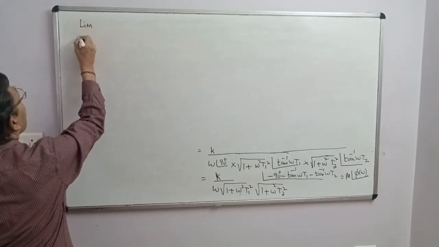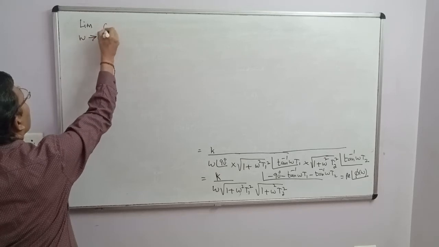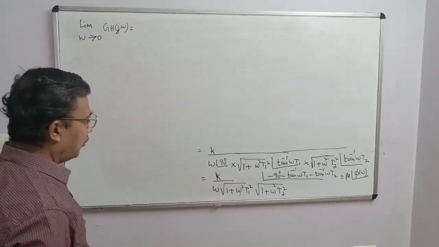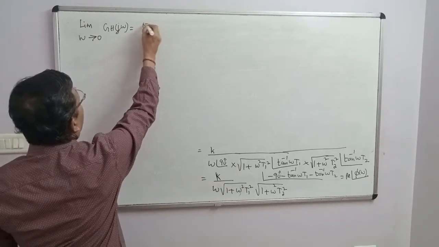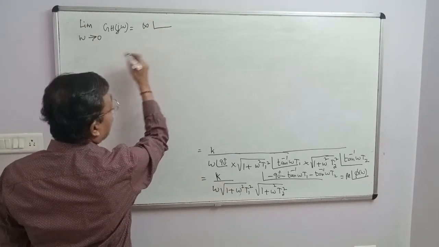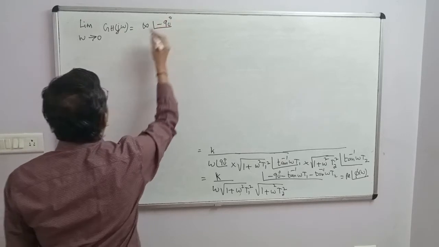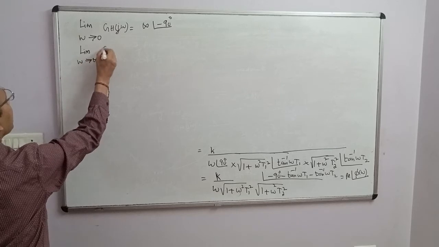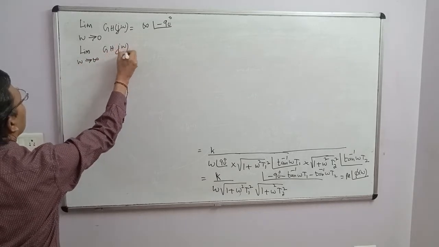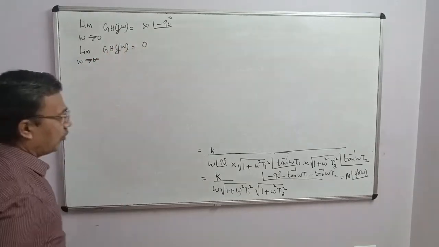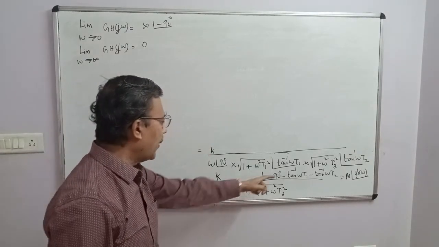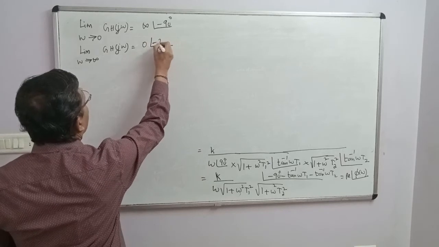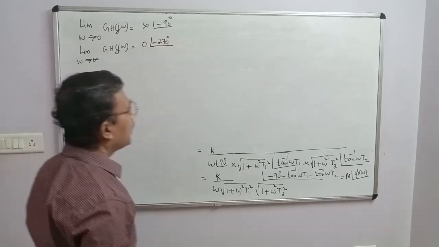Limit omega tending to 0 on GH of j omega: as omega tends to 0, magnitude becomes infinity, angle becomes equal to minus 90 degrees. Limit omega tending to infinity on GH of j omega: magnitude becomes 0 as omega tends to infinity. Tan inverse of infinity is 90 degrees, so 0 at an angle minus 270 degrees.